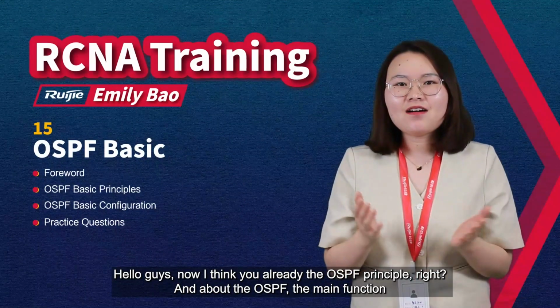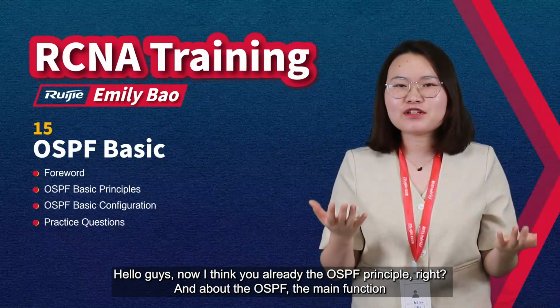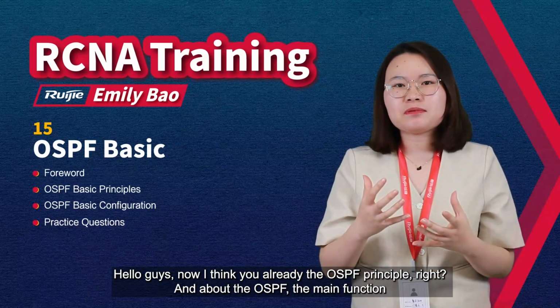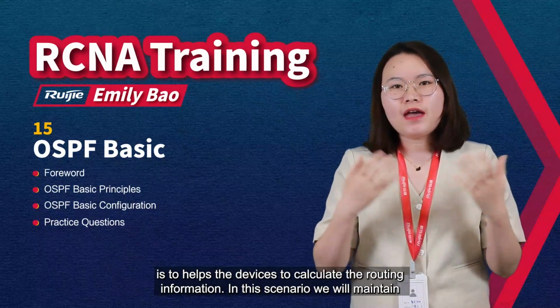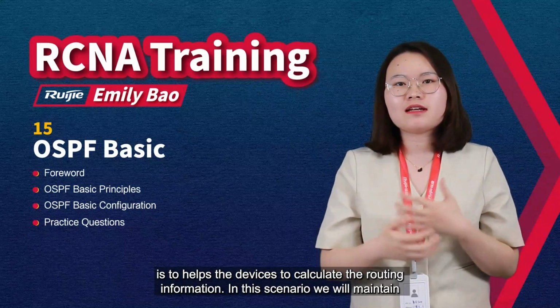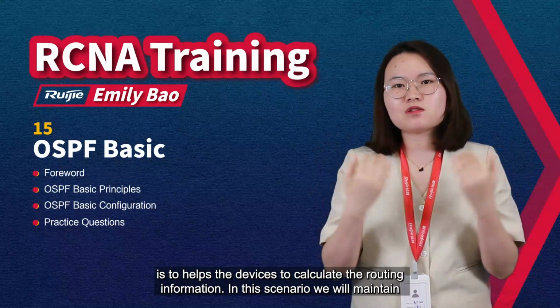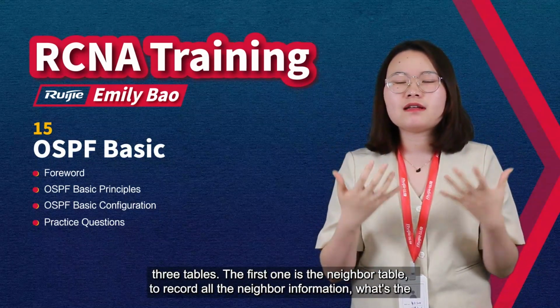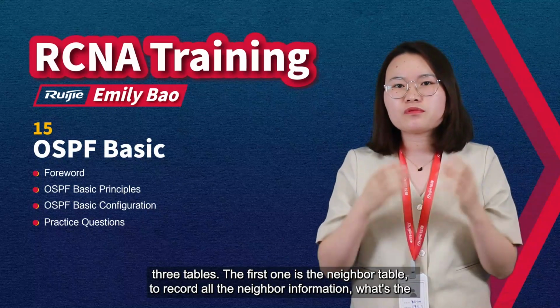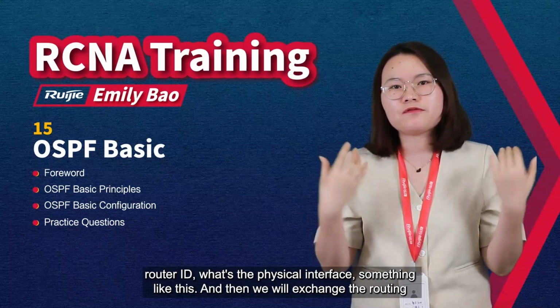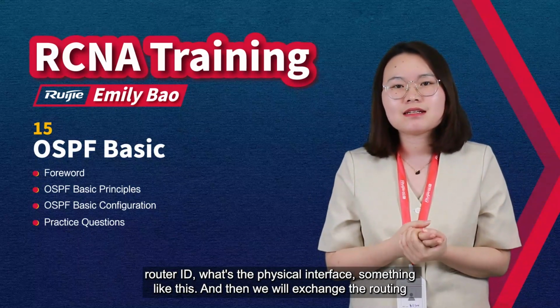Hello guys! Now I think you already know the details of the OSPF principle, right? And about OSPF, the main function is to help the devices calculate the routing information. In this scenario, we will maintain 3 tables. The first one is the neighbor table, to record all the neighbor information, what's the router ID, what's the physical interface, something like this.